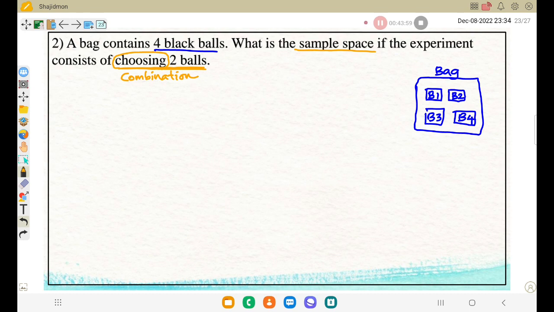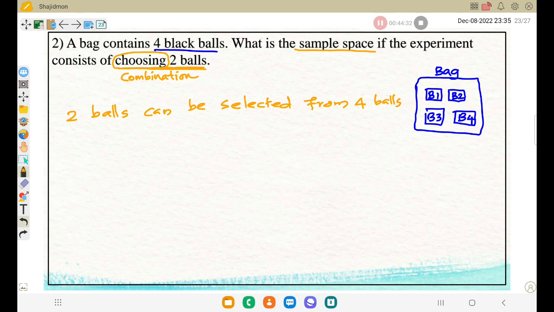So choosing 2 balls. How many balls do we have? Totally 4 balls. From 4 balls, choosing 2 balls at a time. Correct. So we can write, 2 balls can be selected from how many balls? 4 balls, correct? This is the idea. We have choosing 2 balls from 4 balls.